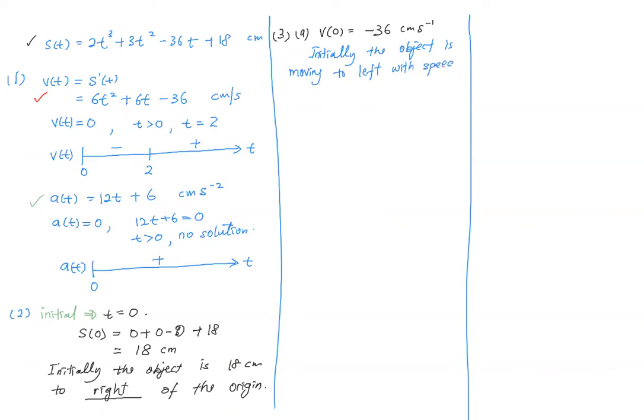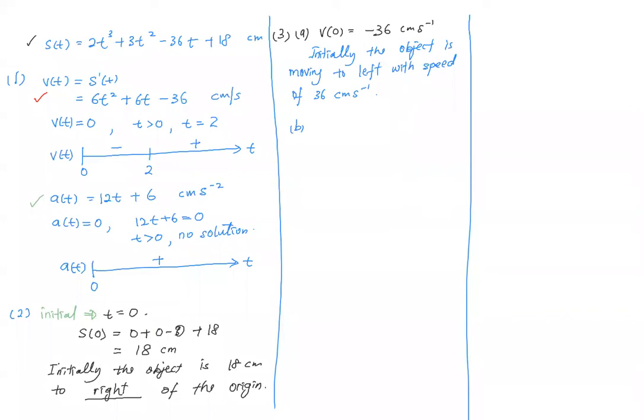So that is the difference between speed and velocity. Speed is without direction. It's the magnitude of the velocity that is called the speed. Okay?